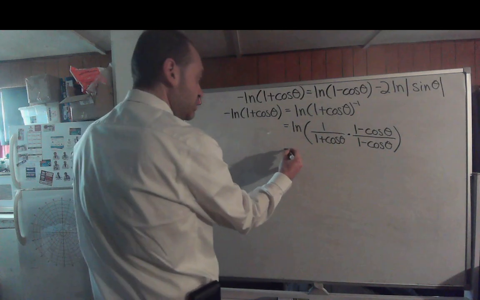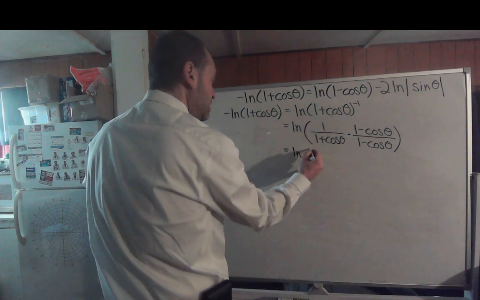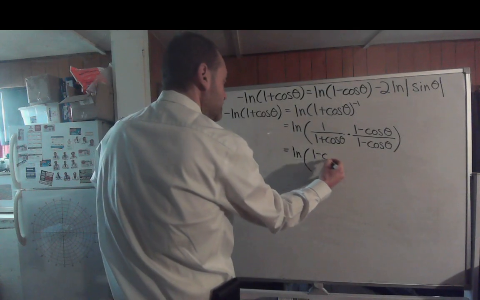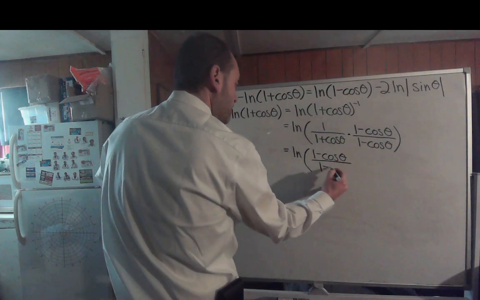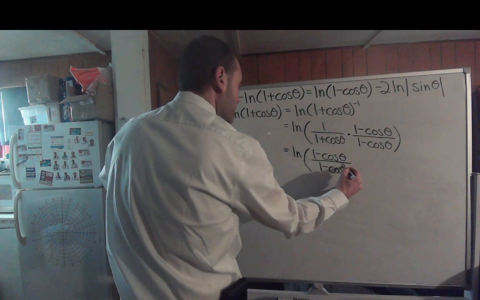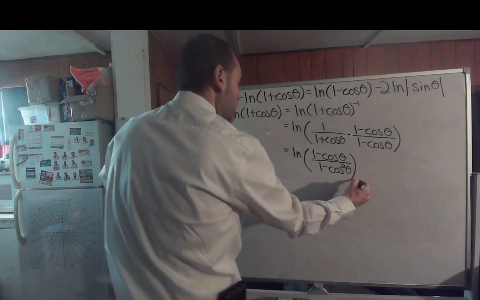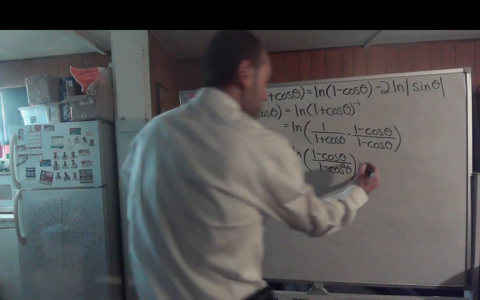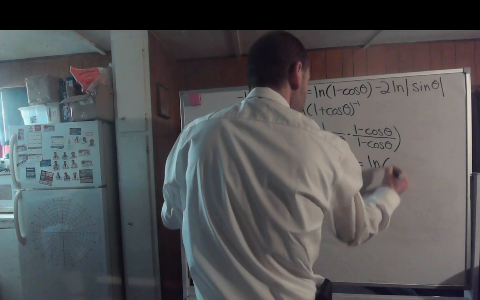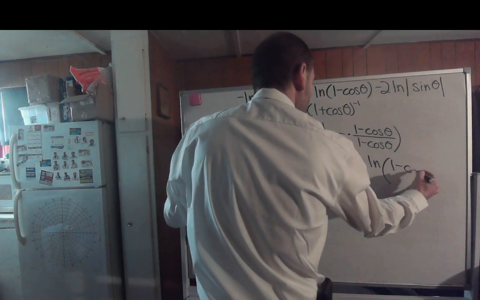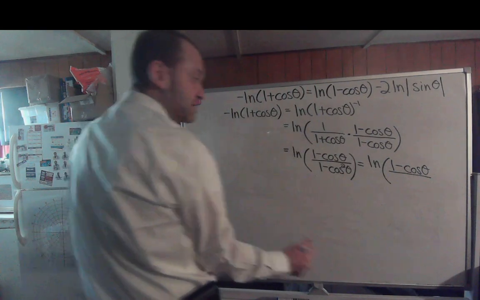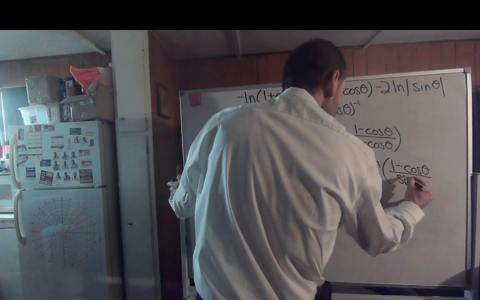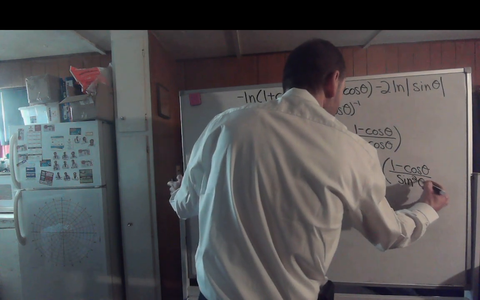So this would turn into the natural log of 1 minus the cosine of theta all over 1 minus cosine squared of theta. Well, we can simplify this further. This is going to turn into the natural log of 1 minus the cosine of theta all over that 1 minus cosine squared turns into the sine squared of theta.